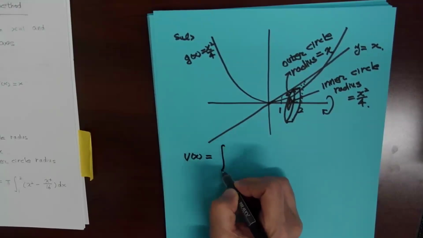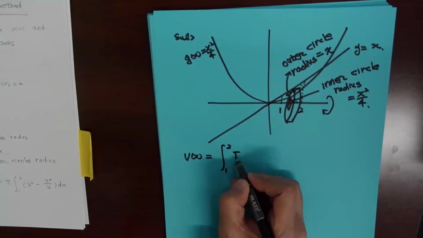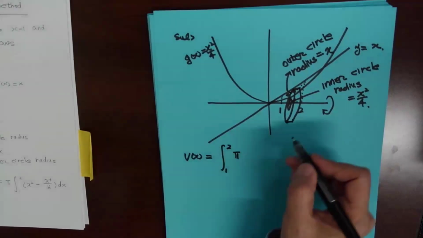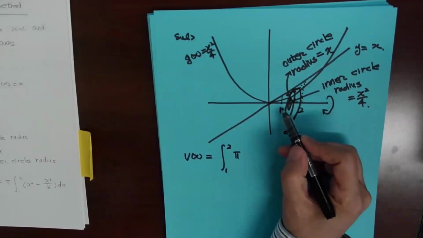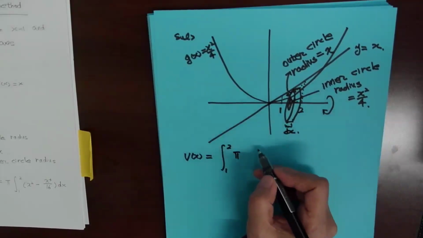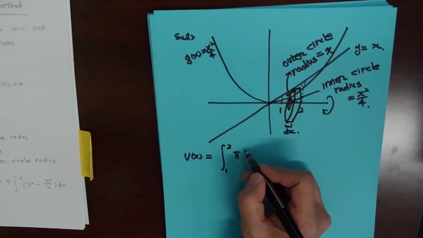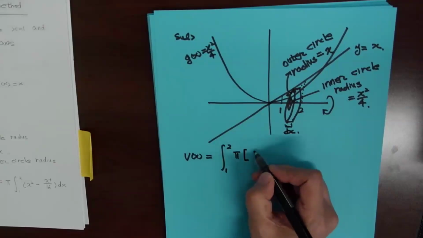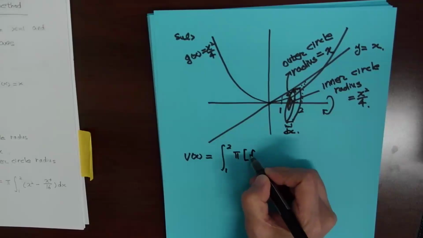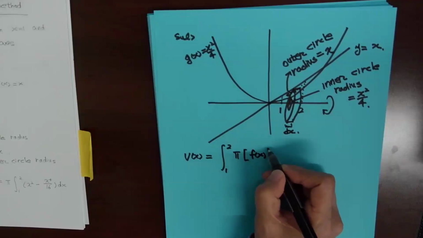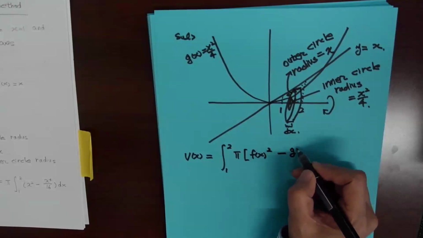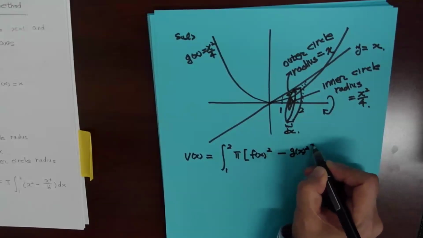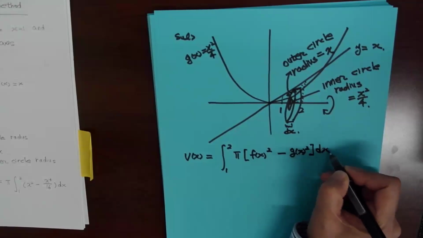So what I will do is the integral from 1 to 2 of pi r squared dx, where the x region is from 1 to 2, and pi r squared is the outer circle's radius squared minus the inner circle's radius squared, dx.